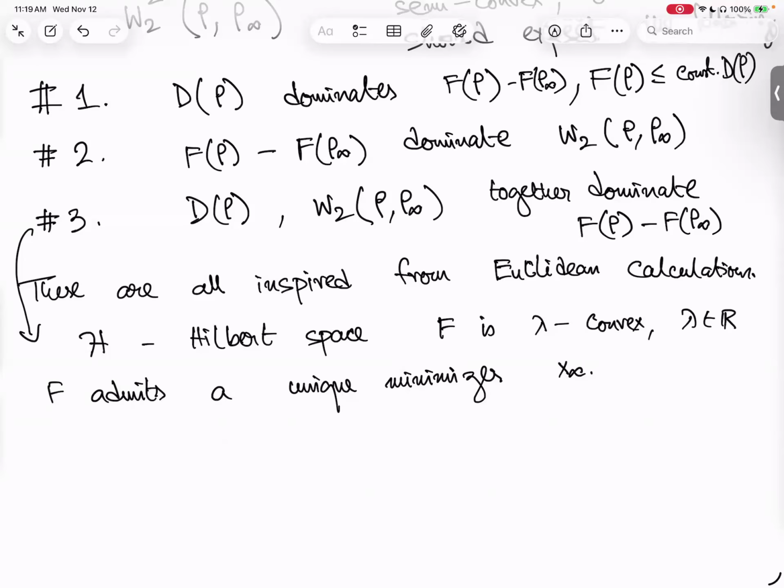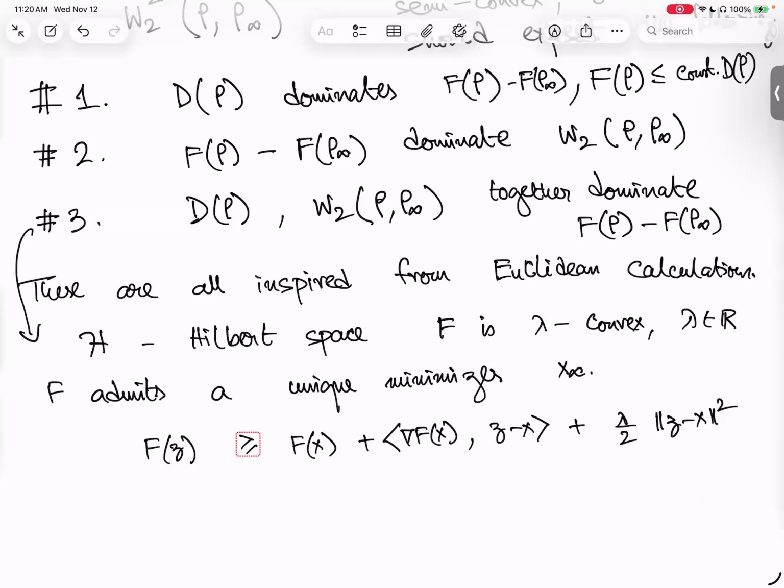And so lambda convexity means that if I take any z, then f of z is greater than or equal to f of x plus gradient of f of x, inner product with z minus x, plus lambda over 2 norm of z minus x norm square.